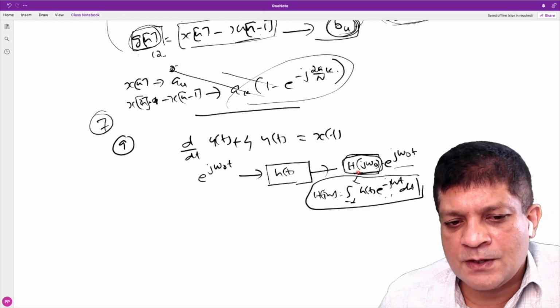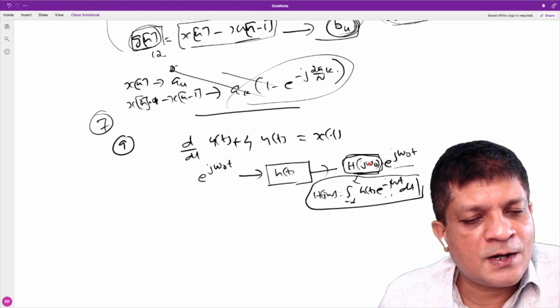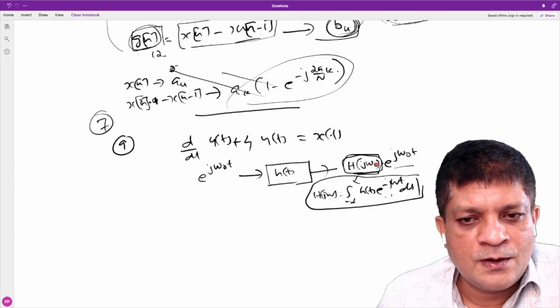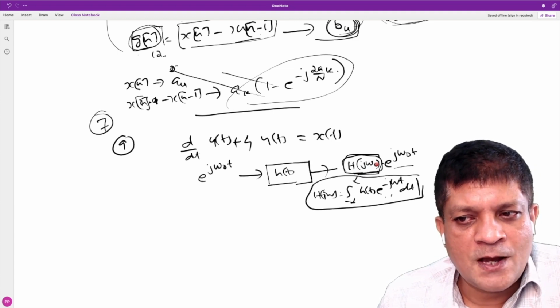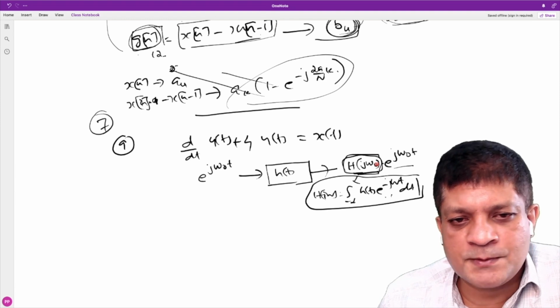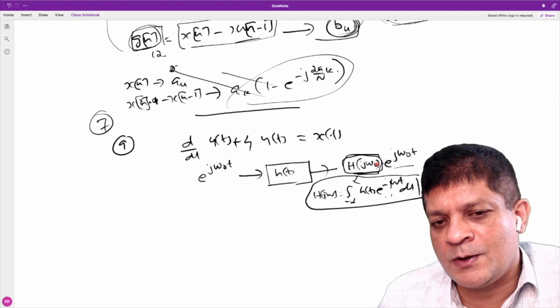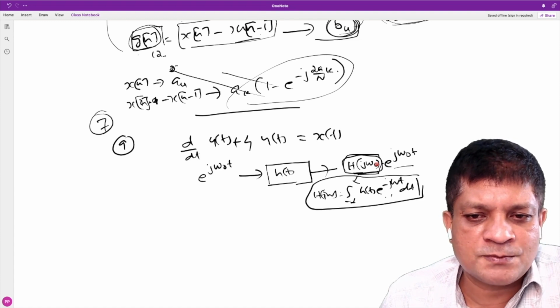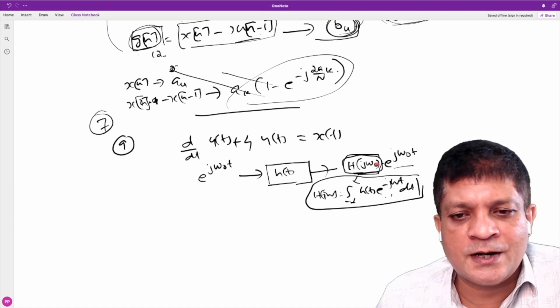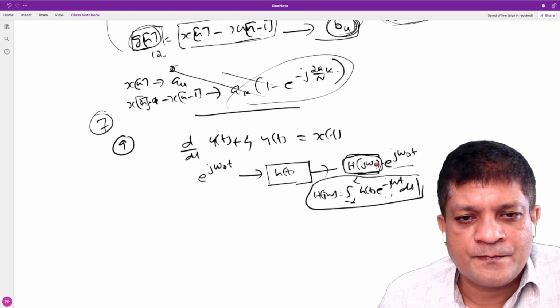This has got a special name. I remember I explained that for a low pass RC circuit, the RC integrator. It is called the frequency response. I have explained why it is called the frequency response and why that RC integrator is called a low pass filter.